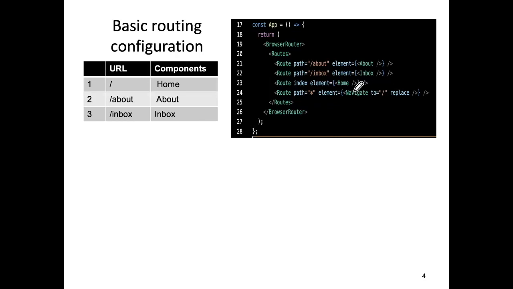Navigate is a special component provided by the React router itself. And it's not so much that the navigate component is mounted onto the DOM. What the navigate does is it changes the browser's URL address to whatever you specify here. So in this case, the effect of this piece of code is to change the browser's URL address to /.